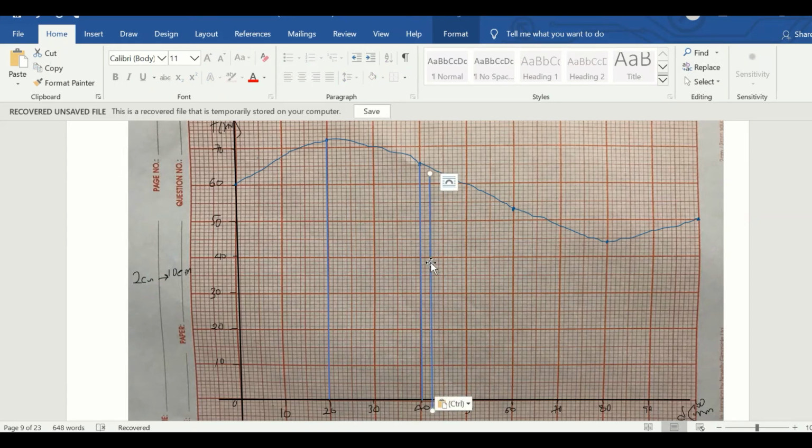I will divide from 40 to 60, from 60 to 80, from 80 to 100.